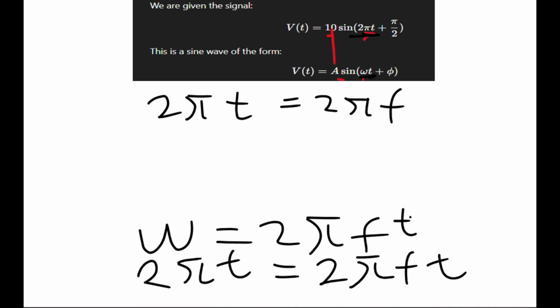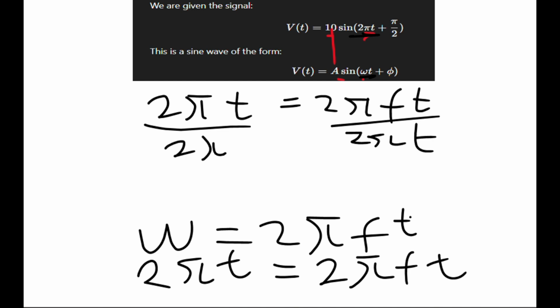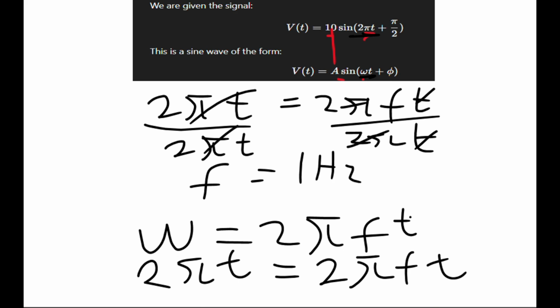Then we divide through by 2 pi t. Then we cancel out. So finally we get our frequency to be equal to 1 hertz. Don't forget, the unit for frequency is hertz, or per second. So here we are going for hertz. All right.